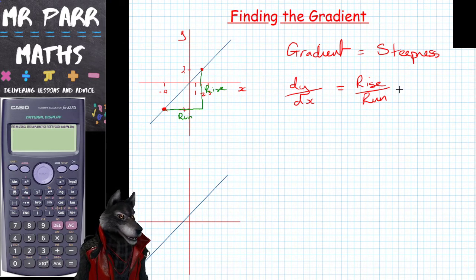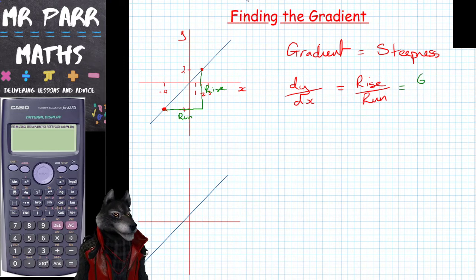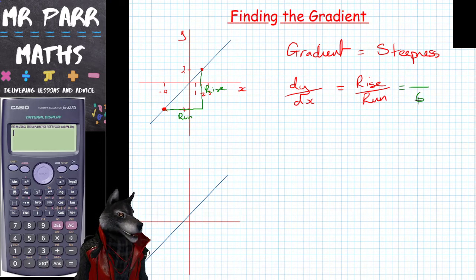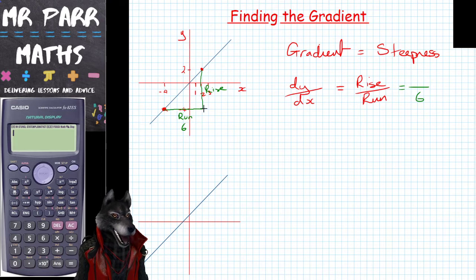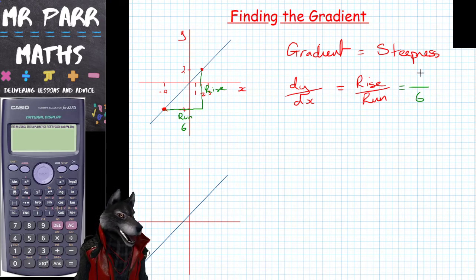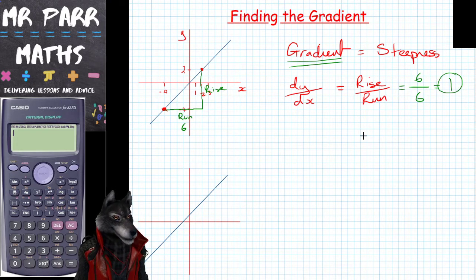So the gradient of this one would be 6 for our run, and our rise 1, 2, 3, 4, 5, 6. And 6 divided by 6, as you know, is 1. So that means this graph has a gradient of 1. Done.